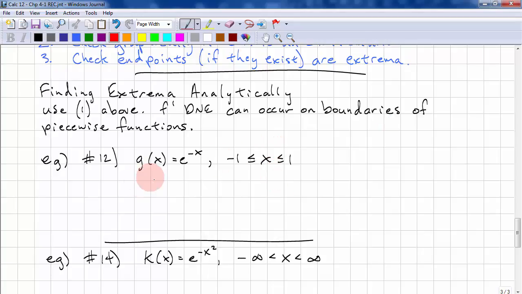Okay, so we're looking for the derivative, g prime of x equals e to the negative x times negative 1. So we have negative e to the negative x equals 0, and no solution.